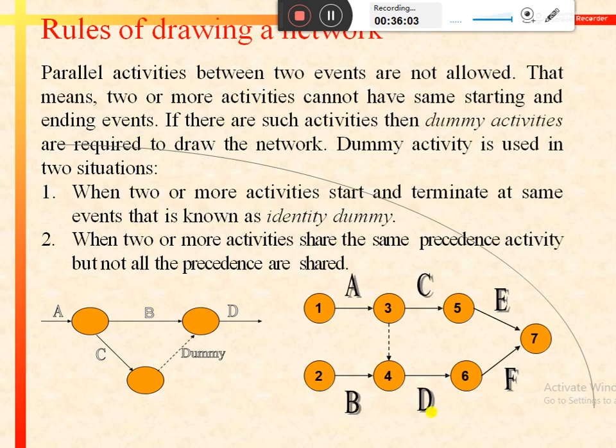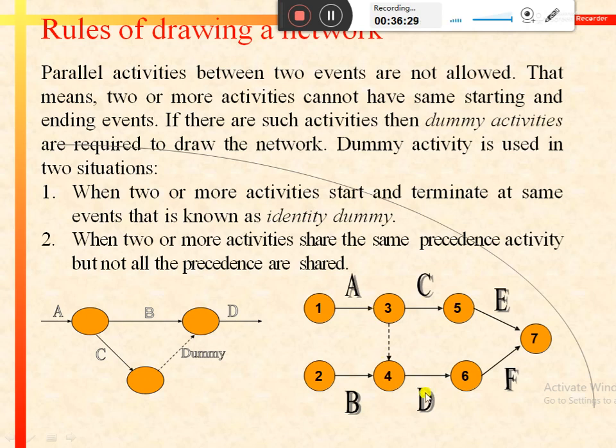To handle such situations, we need to draw the dummy activity in this manner. By drawing a dashed arrow, we can see that there is a dummy activity between event 4 and 3.